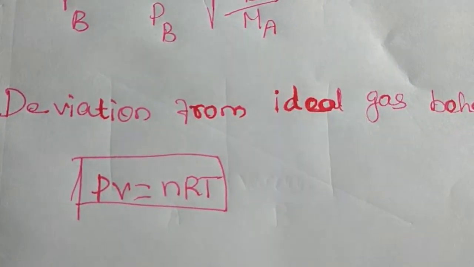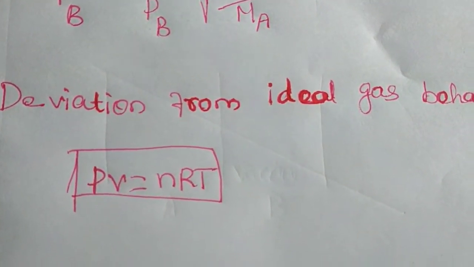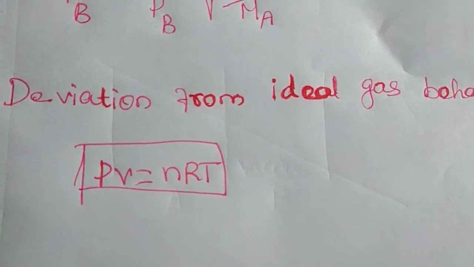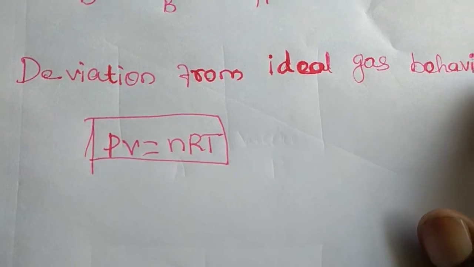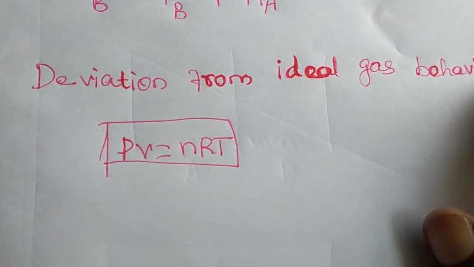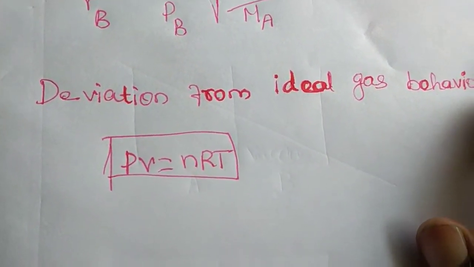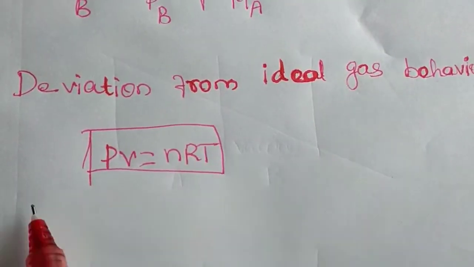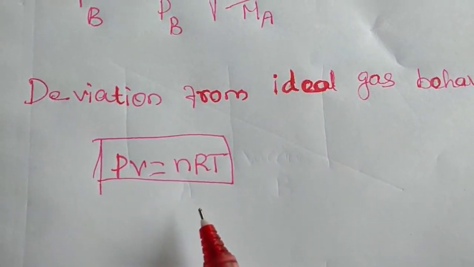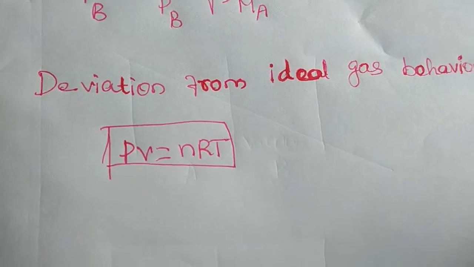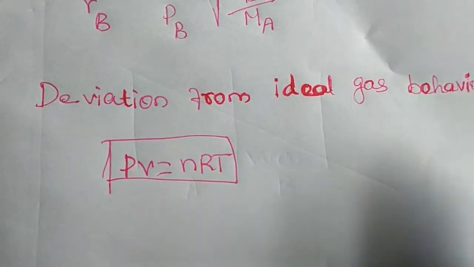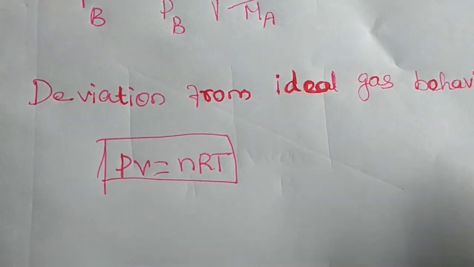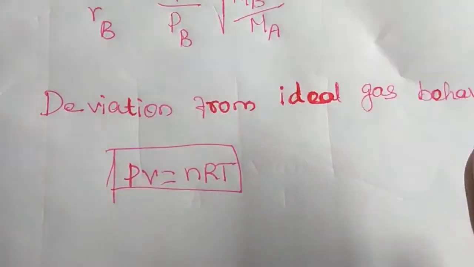From these three laws we derive the ideal gas equation PV equals nRT. So an ideal gas is an imaginary gas. The behavior of this ideal gas, PV equals nRT, is compared with the real gas which exists in our atmosphere, on the earth.